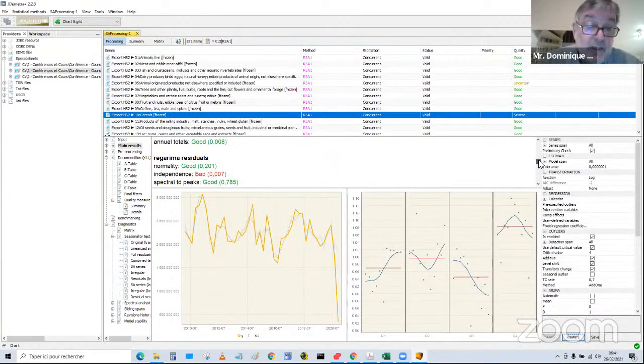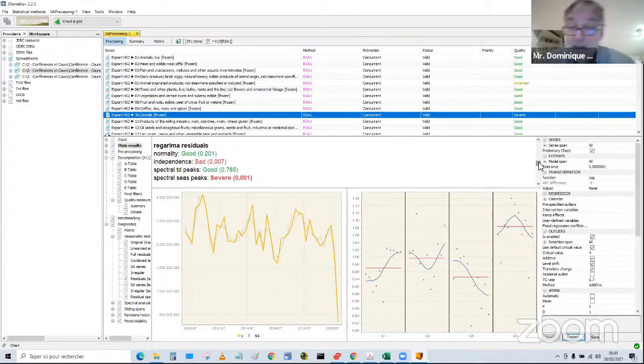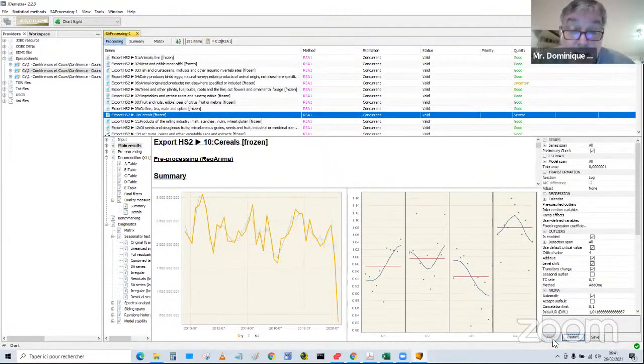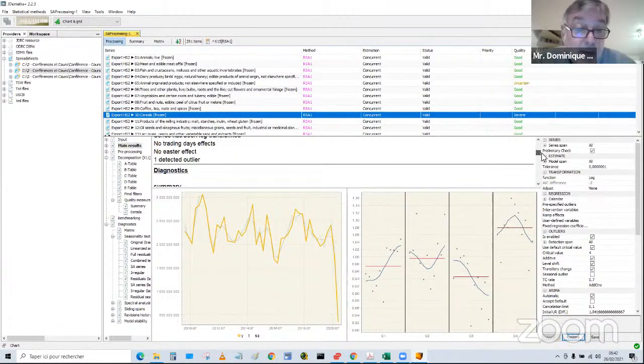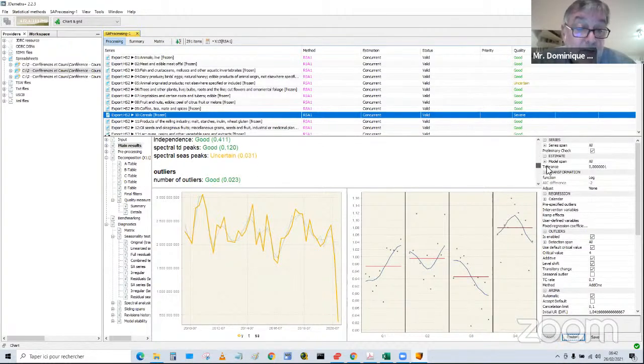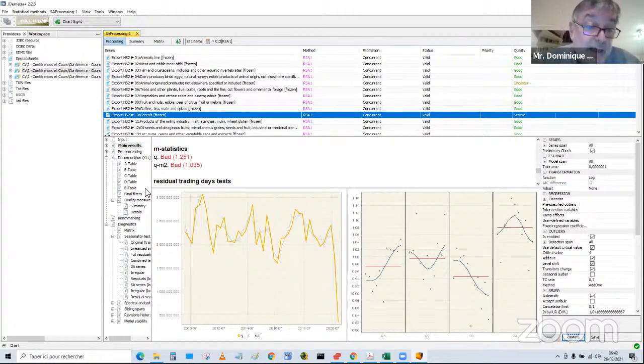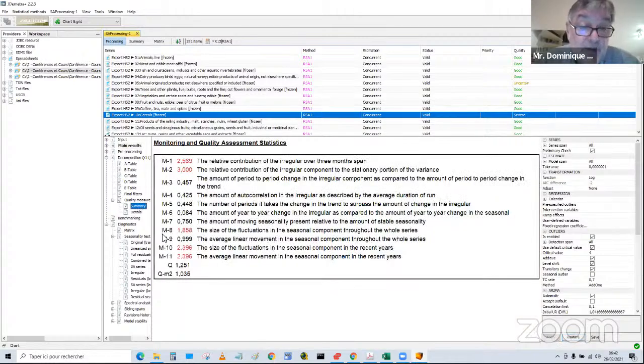So let me just do an automatic estimation of an ARIMA model, apply. So it doesn't change a lot of things in the seasonal coefficient, but now my model should be okay. Everything is okay. I have bad Q statistics, basically, I guess, due to the evolution, it's not always the same thing.